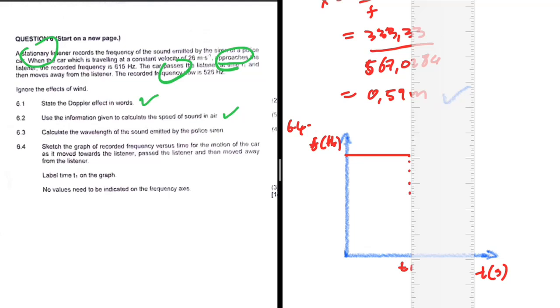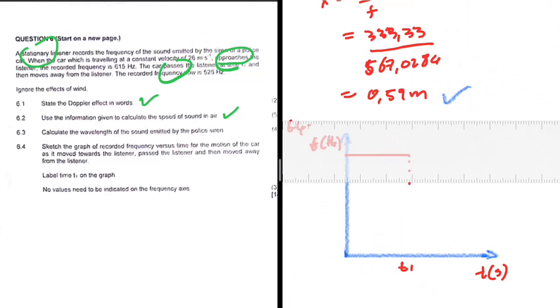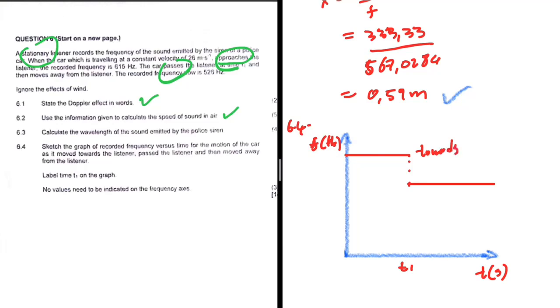So we are expecting something like this. The frequency is going to decrease. Sketch the graph as it moves towards. It doesn't say we must indicate which one is towards, but here, this is towards. This is away. And then somewhere in the middle here, we have the emitted.